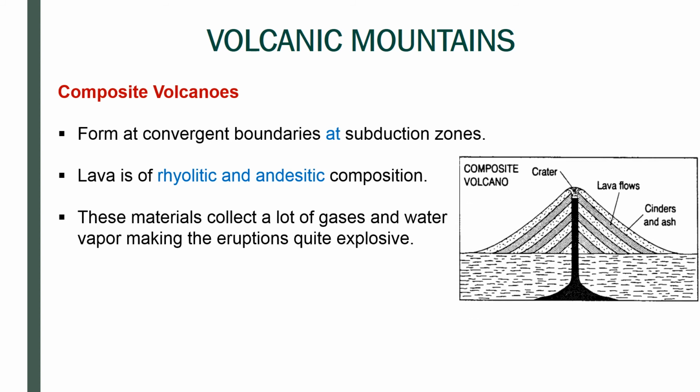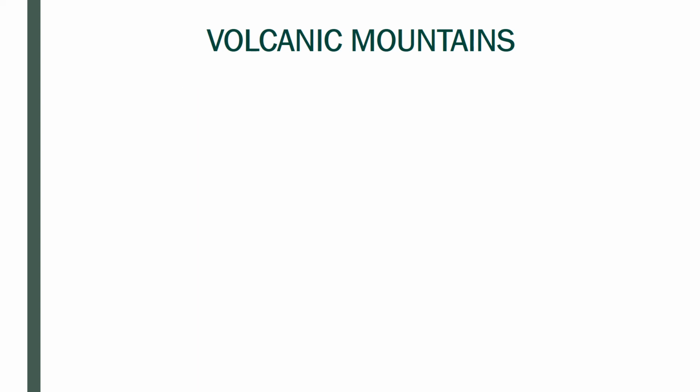As you can see from the figure here, you have the crater, you have the lava flows, and it is a composite volcano because they have more than one component here. Yes, they are built up by both lava flows and ash and cinders.